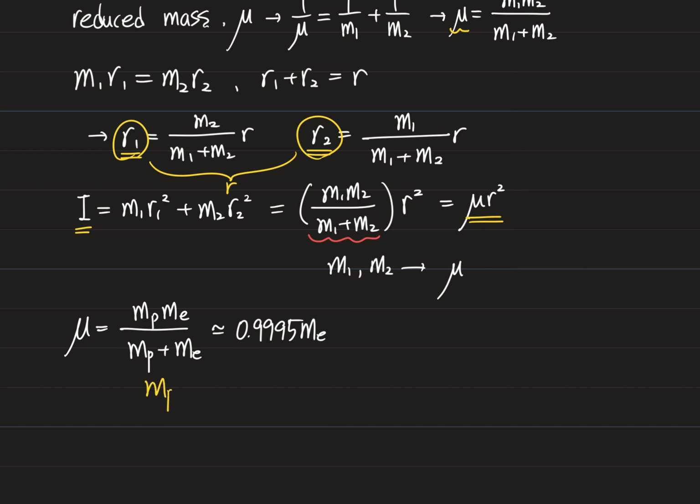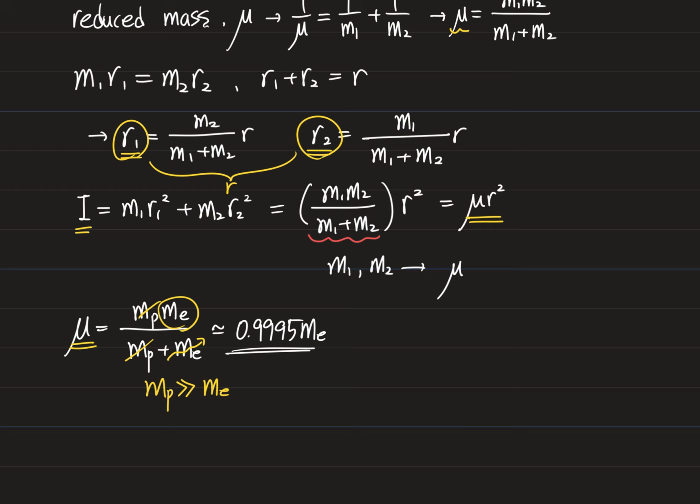Because the proton is much more massive compared to the electron, we can expect that the reduced mass for the hydrogen system will be very similar to the electron's mass, as expected.